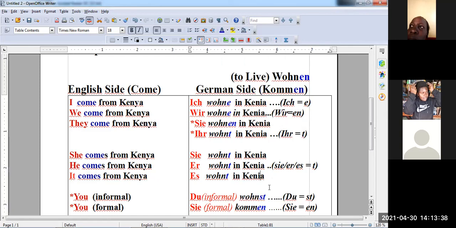Du wohnst in Kenya. Now you want to respect that person. You bring back the original verb. Sie wohnen in Kenya or Sie wohnen in Nairobi. Interesting.